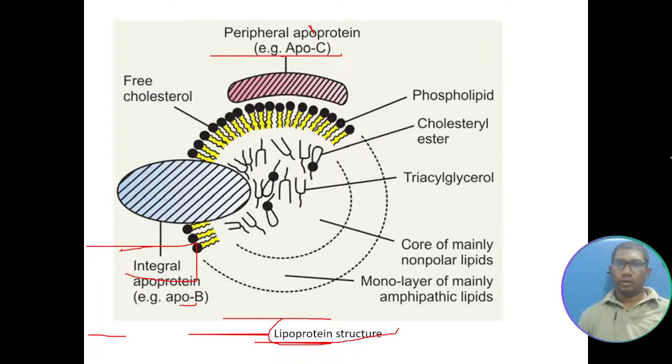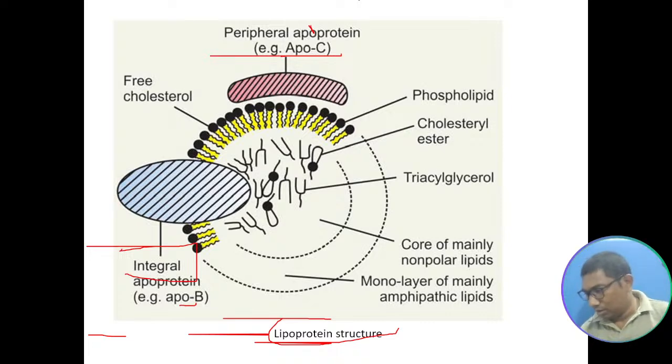Now lipoproteins are made from components like protein, then phospholipids, then cholesterol. They are arranged in such a way as to look like a sphere. Spherical होता है, जैसे लिपोसोम्स ऐसे होते हैं, स्फीयर जैसे look करते हैं.